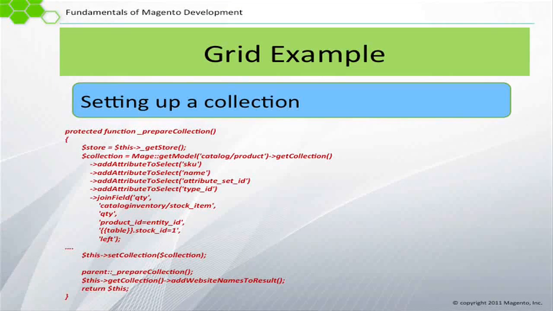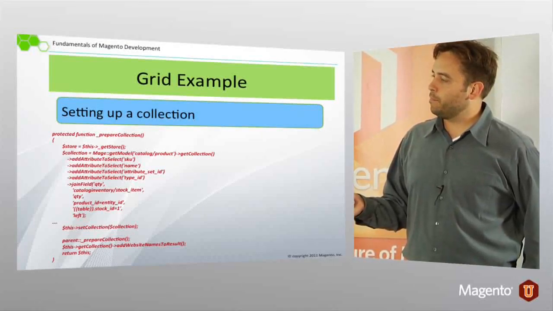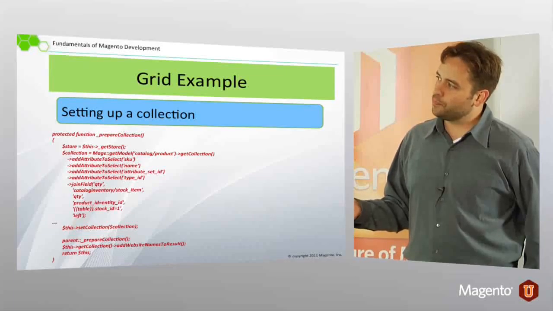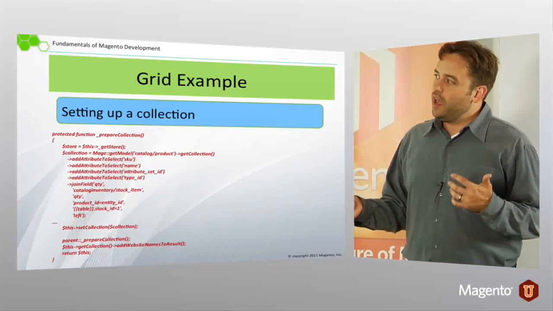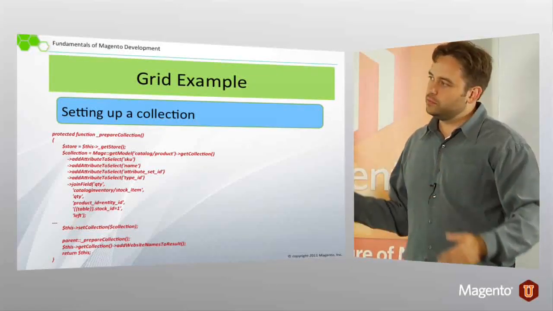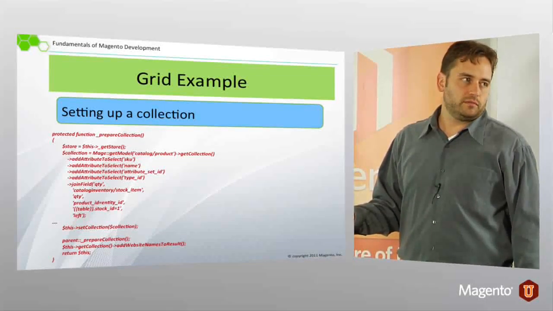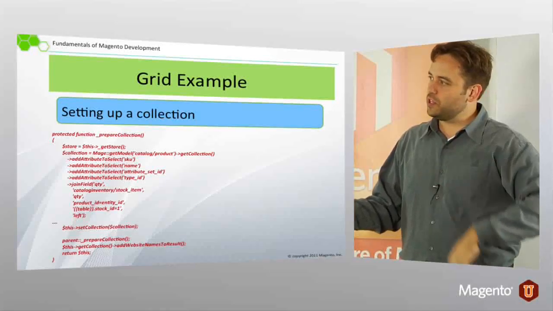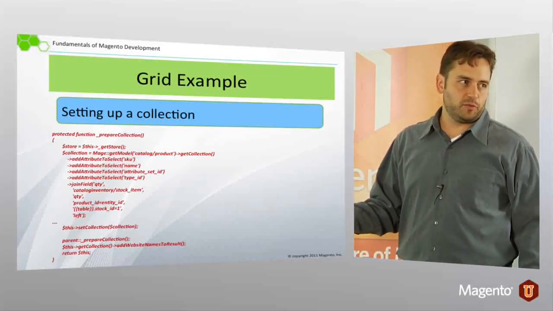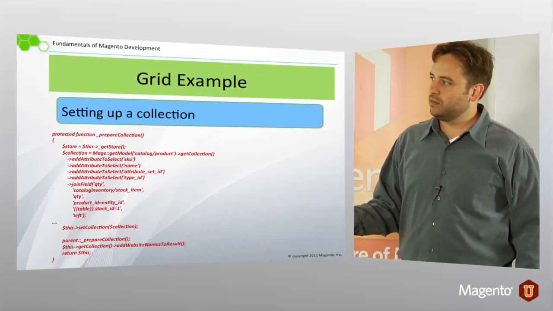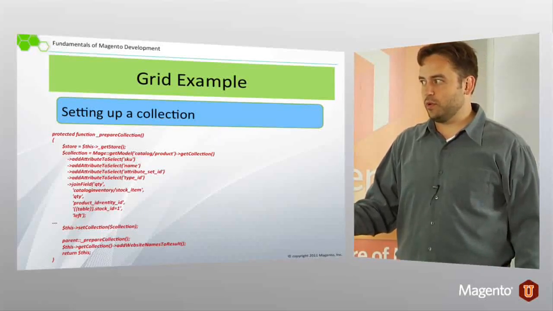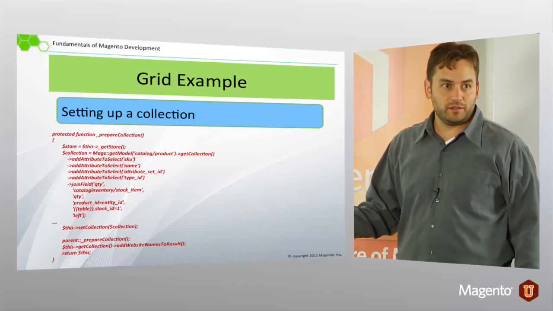So this is from the catalog module. This would be the product collection. And rather than loading the entire record, we're simply adding the attributes that we know we're going to use in the grid. So we'll have our static entity attributes, and then we're adding these EAV attributes to that collection. And here we're doing a join so we can get the catalog inventory.